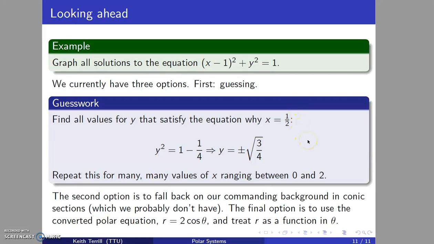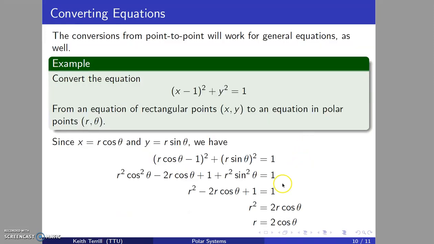So the final option here, which we'll be looking at in our next video, is recognizing I have r equals something in theta. That looks a lot like y equals something in x, right? We have an independent variable theta and a dependent variable r.